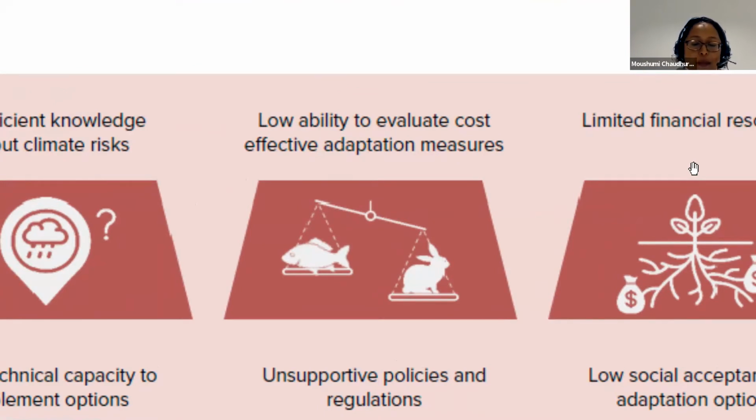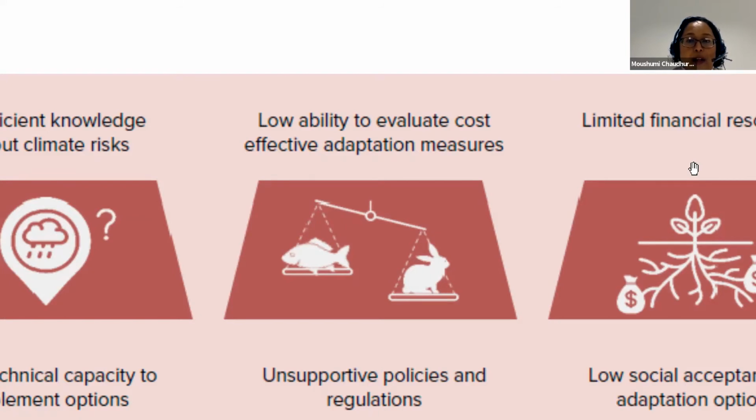This could also mean comparing the cost of an adaptation option, such as planting a drought-tolerant crop, compared to the cost of planting traditional crops that are not climate resilient, so that you will get a sense of what option is most cost-effective over time. And I know that some businesses may not be aware of doing cost-benefit analysis, but again, I will point you to some simple tools that will help you to do that.